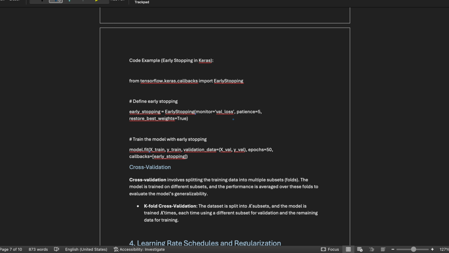What is cross validation? Let me try to explain by example. Suppose you have a data set of 50 data points, and we split the 50 data points into 80% and 20%, where 80% of the data is used for training purposes, and 20% is used for validation purposes.